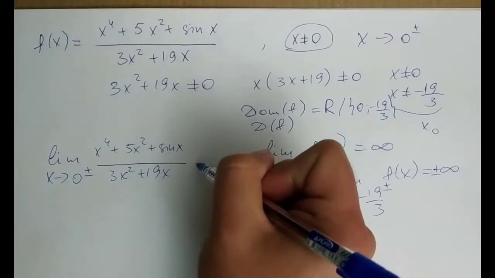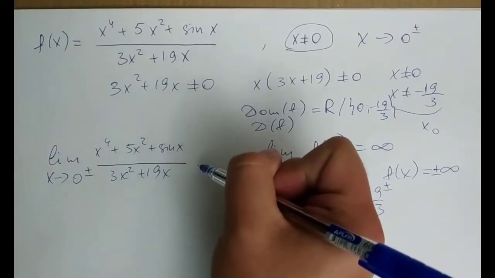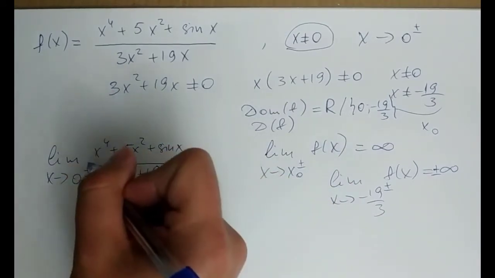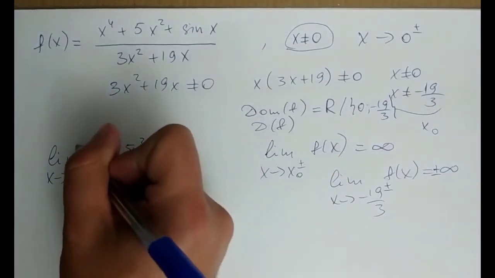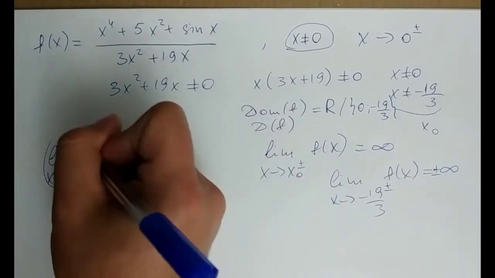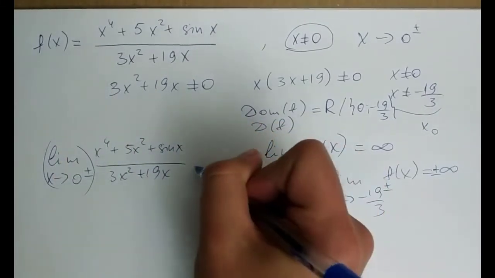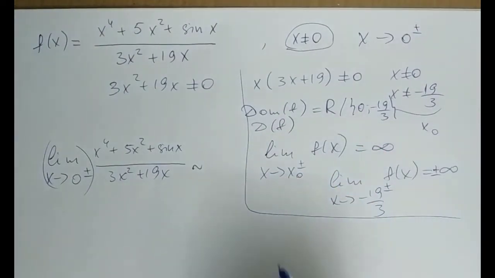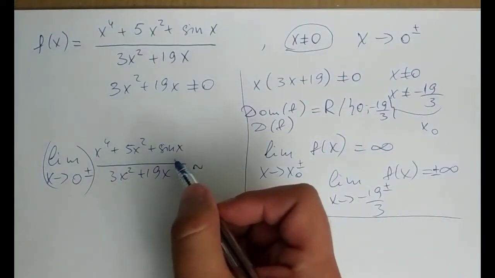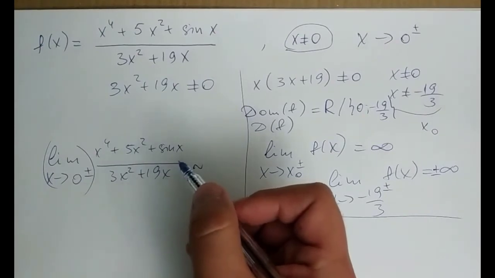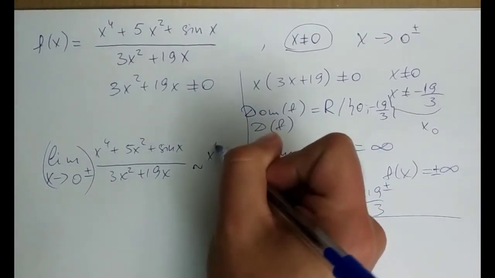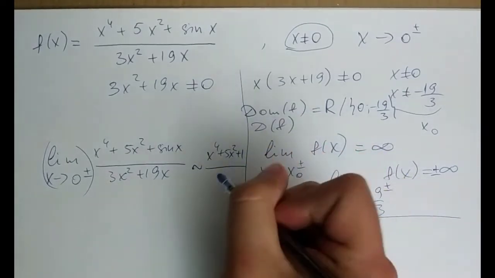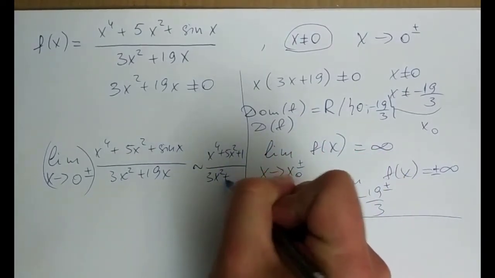Let's first use the equivalence of sine x. Let it be f of x, and it is equivalent to, we can change sine x with x because they are equivalent. So we have x fourth plus 5x squared plus x over 3x squared plus 19x.